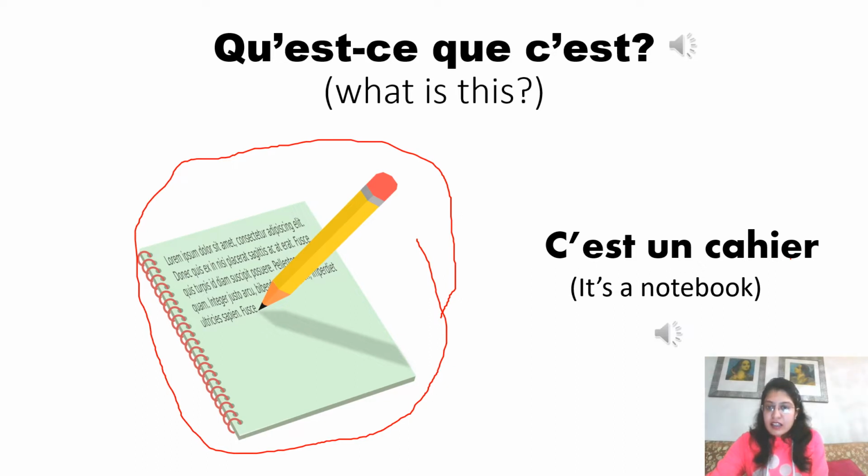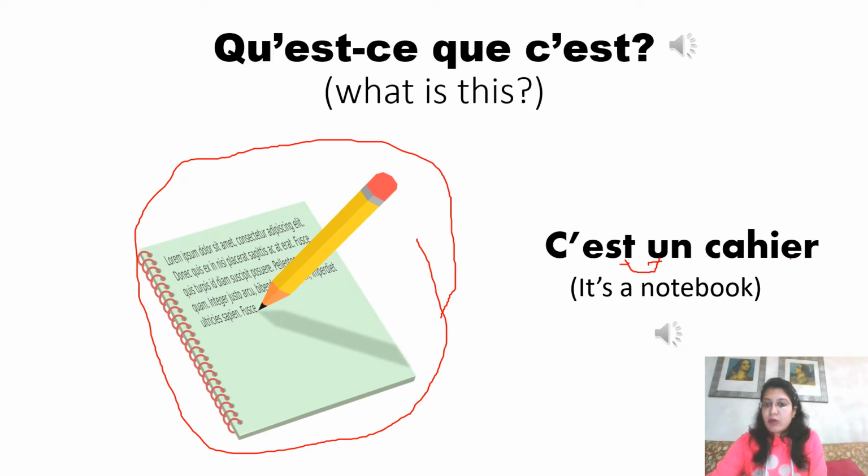C'est un cahier. I told you earlier also that in French, if the last letter of a word is a consonant, and the word following it begins with a vowel, both are linked.